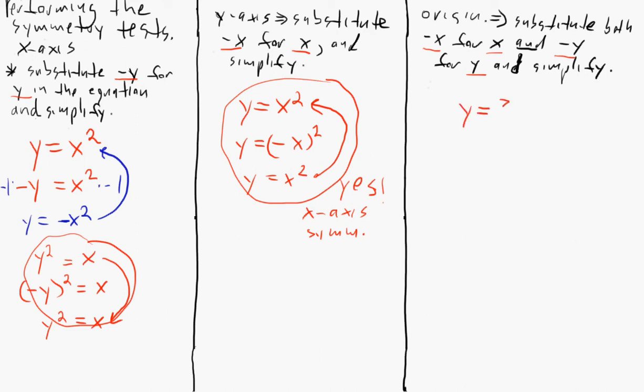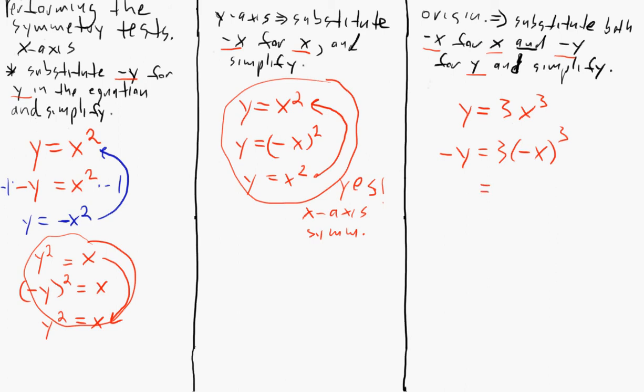y is equal to 3x cubed. Well, I put opposite y where the y is, opposite x where the x is, and I simplify it. Now, this is opposite x to the third power. That's going to be negative times negative times negative, which is negative.